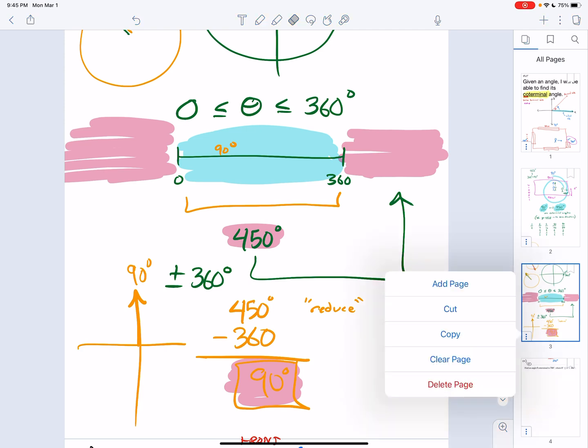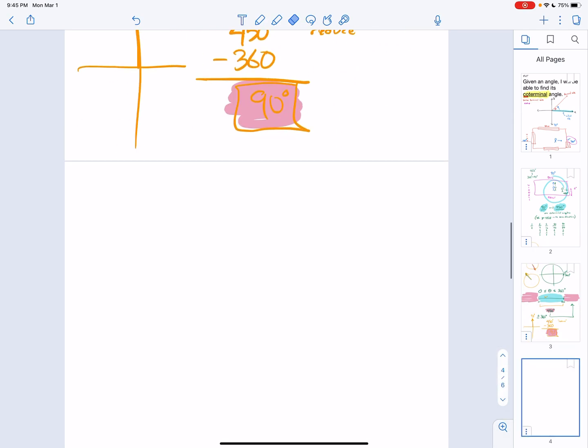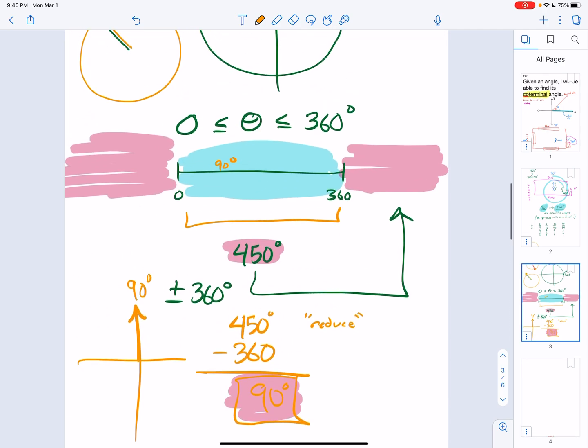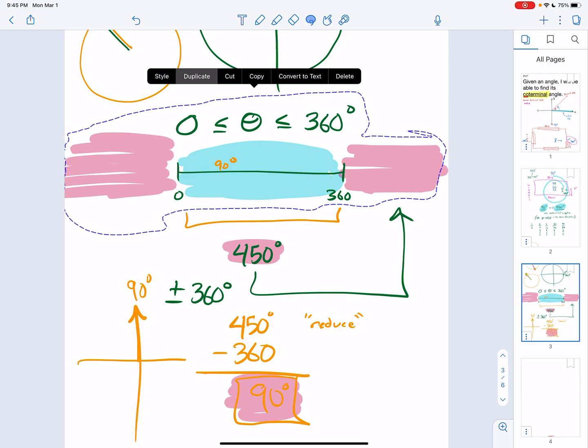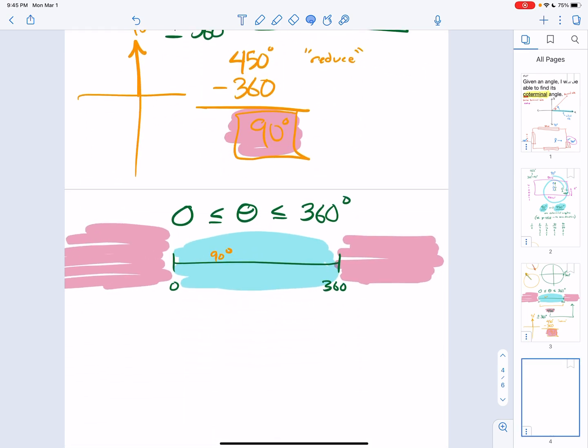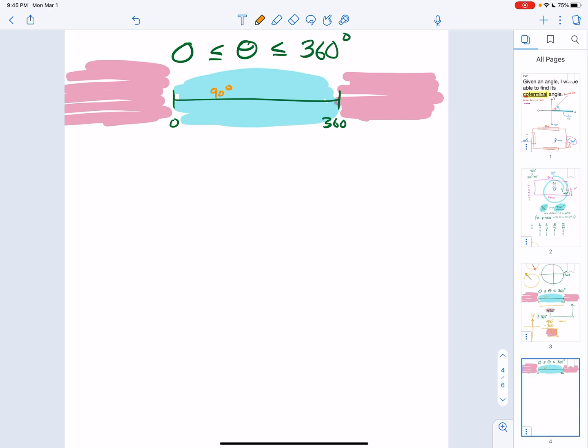Okay, let's do one more. What if your angle was negative 210 degrees? You're used to having an angle in between 0 and 360, but negative 210 is somewhere over here.